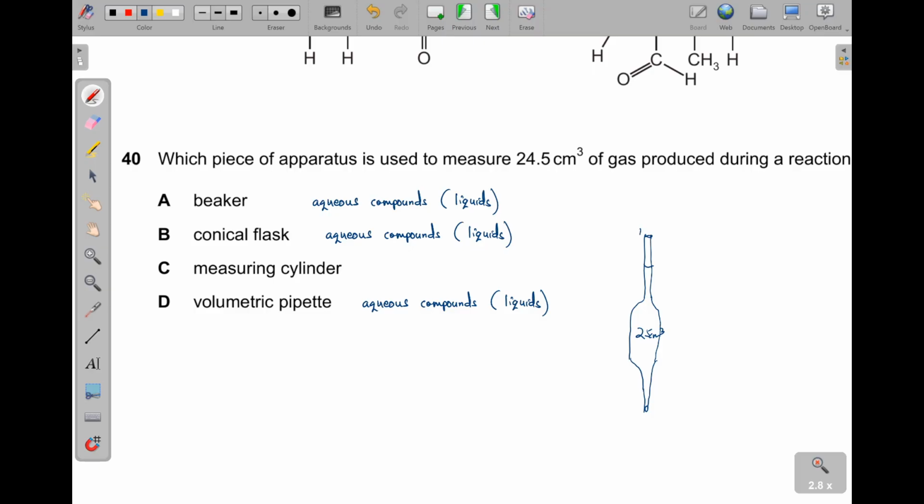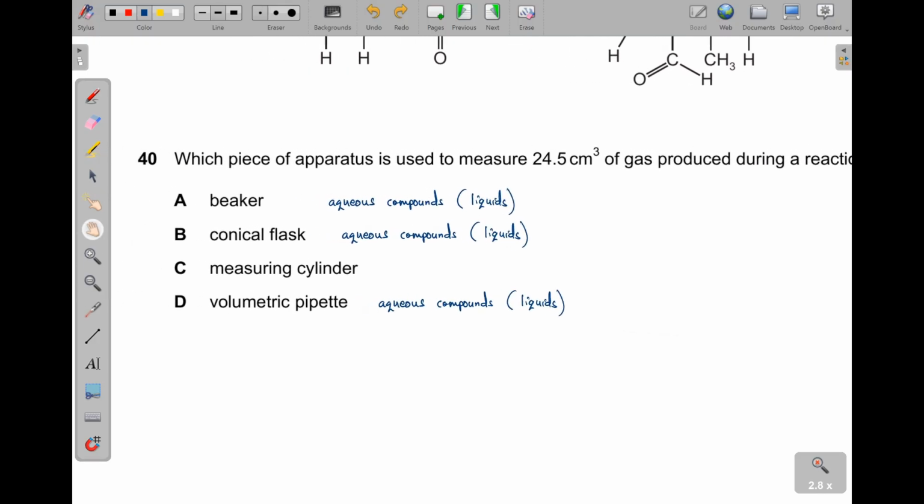So you can use a pipette filler, or you can suck with your mouth. So that one is also for aqueous. So the one that is left is, of course, the measuring cylinder. Piece of apparatus used to measure this of a gas during a reaction.